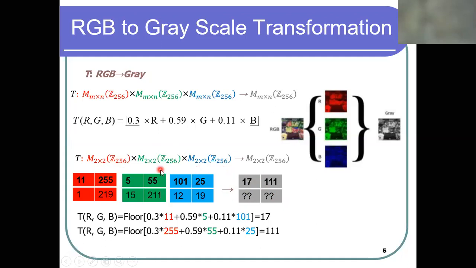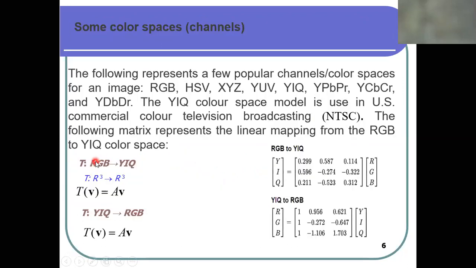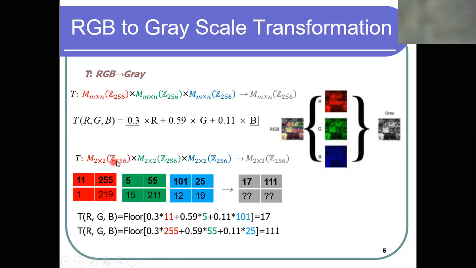So this is the matrix transformation that transforms your three-dimensional matrices to basically one matrix of 2 by 2. These three matrices correspond to one matrix by using this transformation.